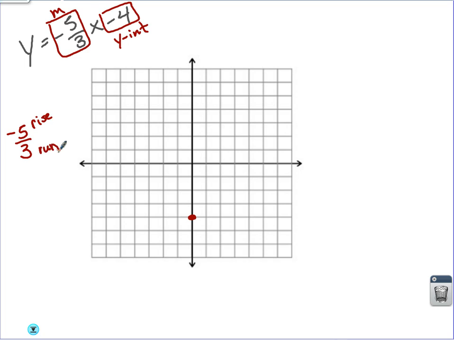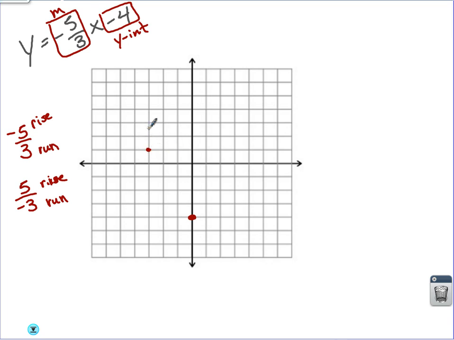Now, if we work it that way, rise -5, that's actually going to bring us off our graph down here. So instead of -5/3, I'm going to change that to 5 over -3. I'm going to put it on bottom. So now I've got a rise of 5 and a run of -3, which can be achieved. If I rise 5, 1, 2, 3, 4, 5, and I run -3 by coming to the left 3, that will fit on my graph.